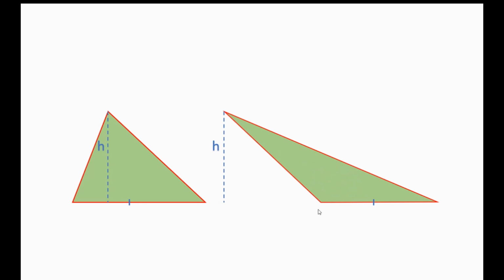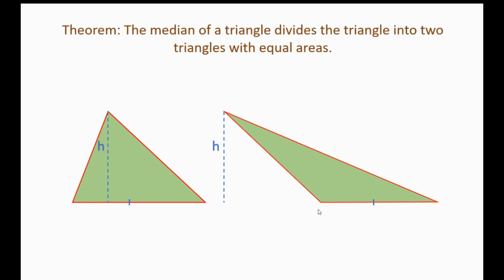Since the bases are equal and the heights are equal, the areas of these two triangles are equal. So we have a theorem that says the median of a triangle divides the triangle into two triangles with equal areas.